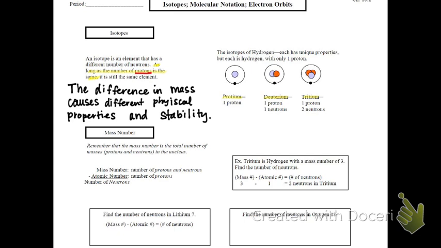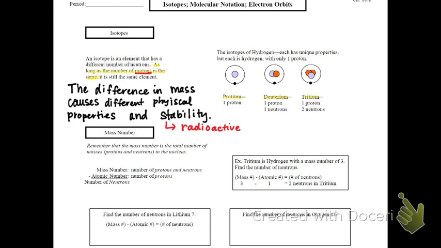And that causes like radioactivity. Unstable atoms could be radioactive. So that's the gist of isotopes. Any questions about that part?